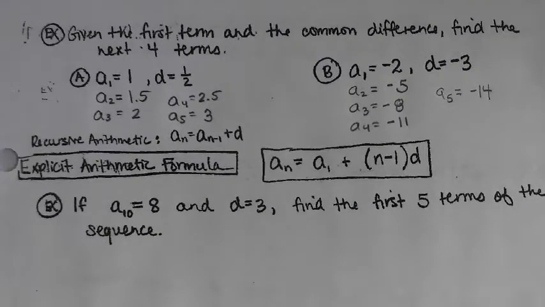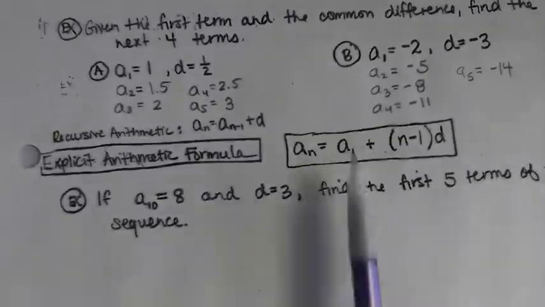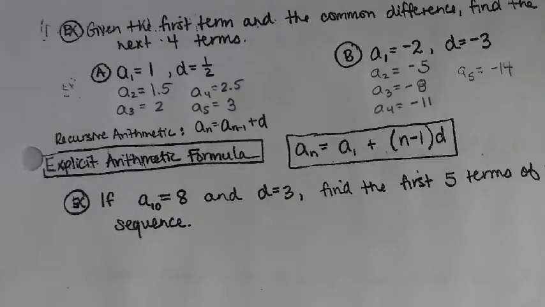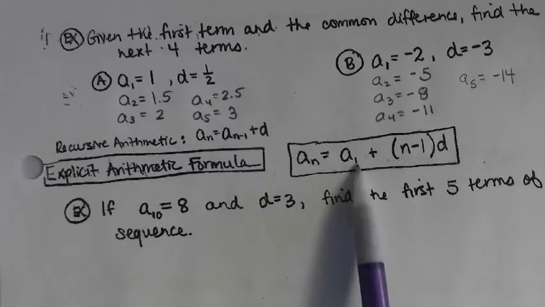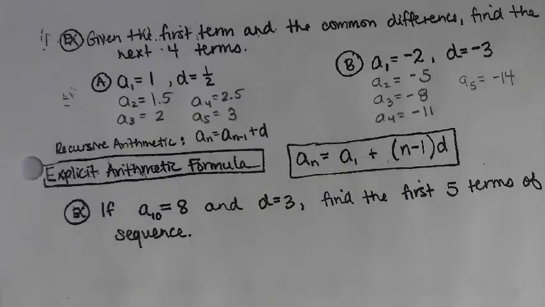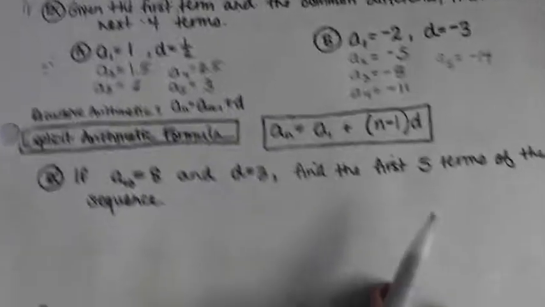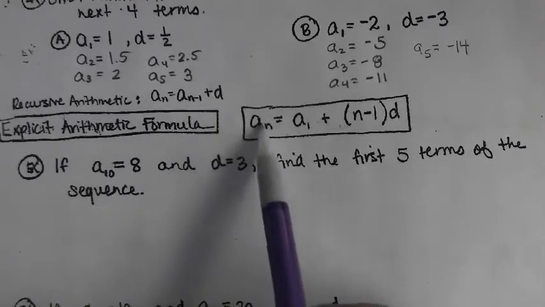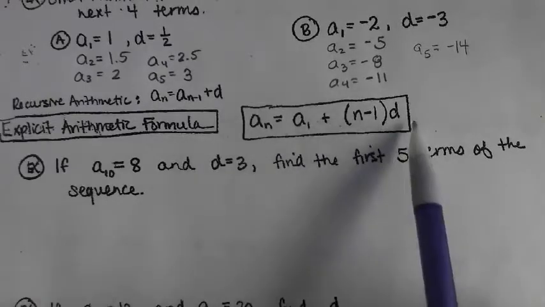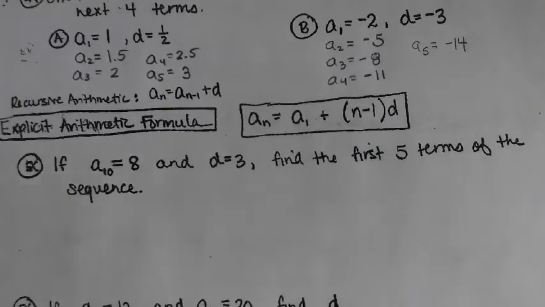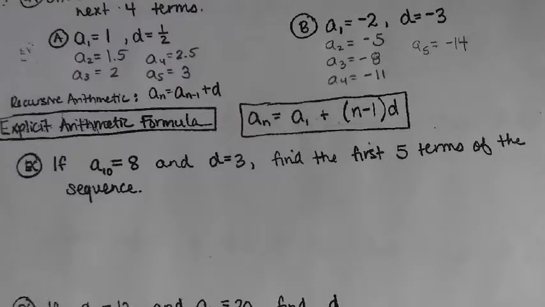So to get to the 15th term, you would start with your first term, and then you add on your common difference 14 times. Okay? So your n is the numbered term that you're on, a sub 1 is your first term, and d is your common difference. And there's obviously 1, 2, 3, 4 pieces of information missing. You always need to know 3 of the 4 pieces of information so that you can find the missing one.